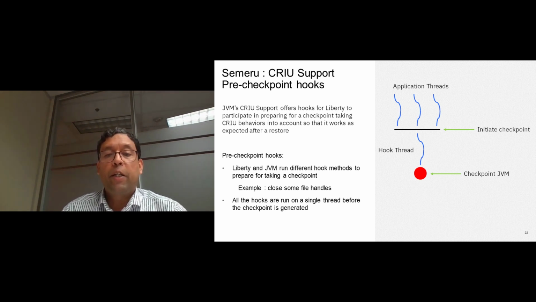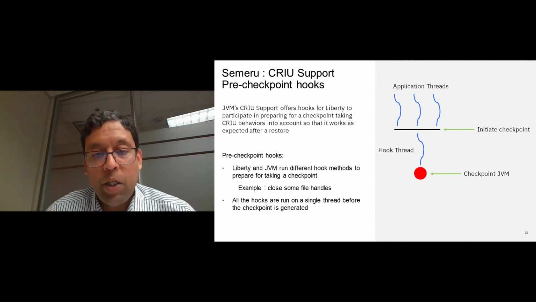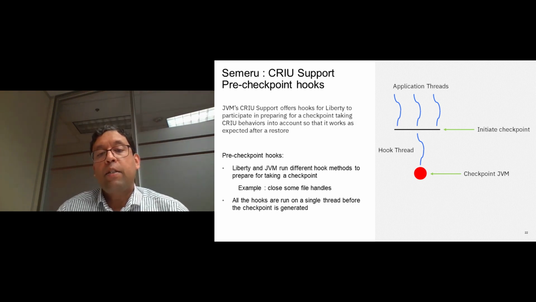So let's say the picture on the right shows your application threads are running. At some point, Liberty decides to initiate a checkpoint. After that, there's only one thread that runs. So there's this notion of a single-threaded mode that we enter once we've initiated a checkpoint. And in this single-threaded mode, we allow both Liberty and JVM hooks to run to perform various compensations.